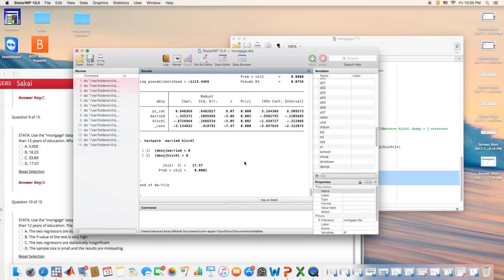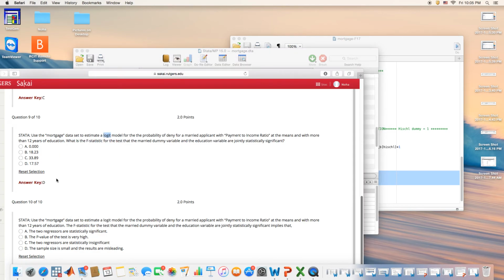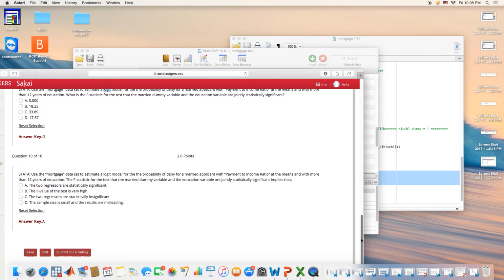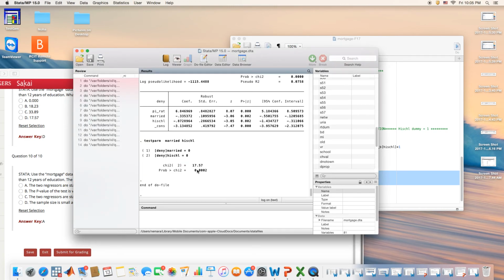17.57. And question number 10 is asking you about the meaning of the results of this test. As you can see, the probability of this statistic is very small. In other words, it's smaller than 10%, smaller than 5%, smaller than 1%, so it's smaller than all conventional levels of significance.